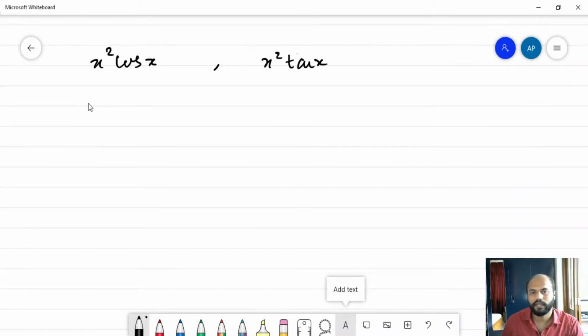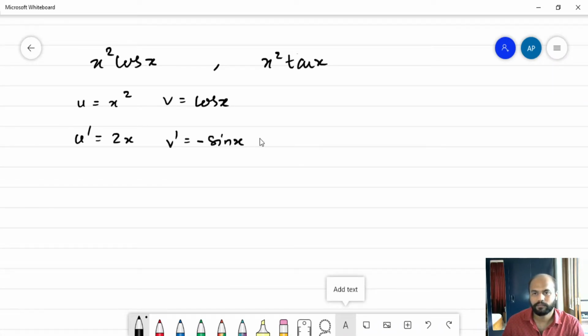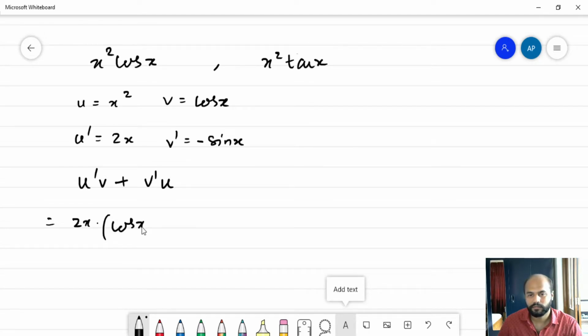You can clearly see that u is x squared, so u dash is going to be 2x. v is cos x, so v dash is going to be minus sin x. As the formula says, u dash v plus v dash u would be the derivative of this function. So u dash is 2x into v is cos x plus v dash is minus sin x.